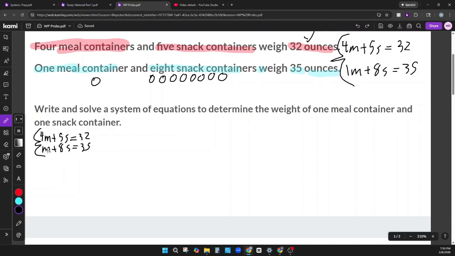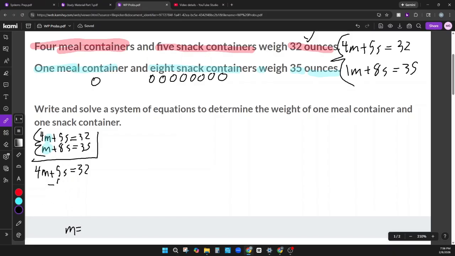So what I need to do is solve for one of my variables. It doesn't matter which one you choose to solve for, but in this case, I'm going to solve for my variable m for both my equations so that I can set them equal to each other. So I'm going to look at my equation number 1, 4m plus 5s is equal to 32, and I'm going to solve for m, which means I want to get m by itself, so I need to get rid of everything around m.